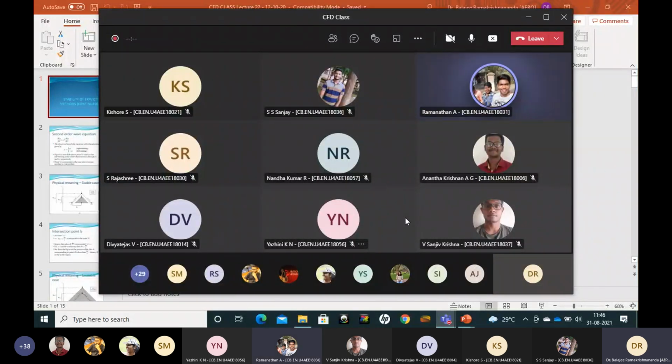Same logic: if the denominator is 0, practically the numerator also should be 0. If you put the numerator equal to 0, you will get some condition. What does it say? If the denominator is 0, then the numerator also should be 0.